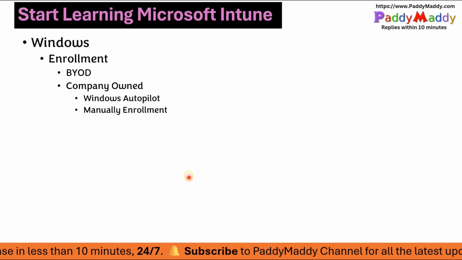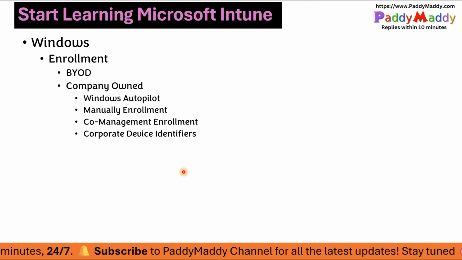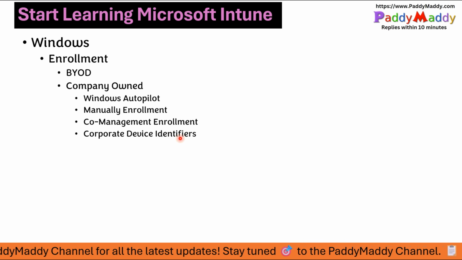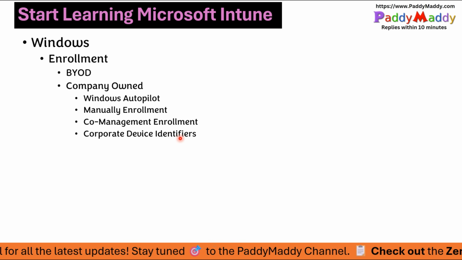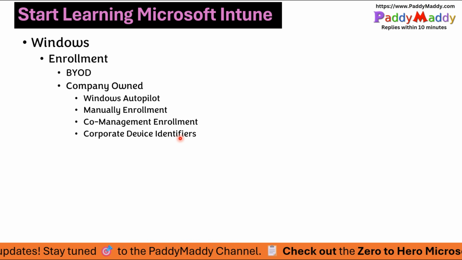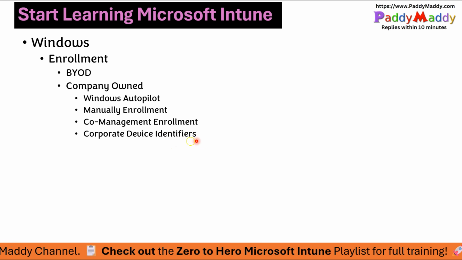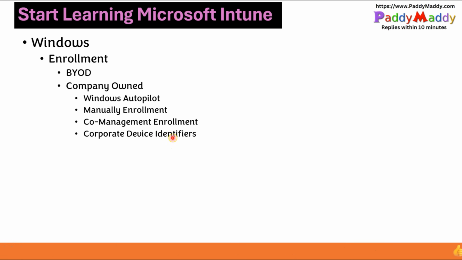Right now it's time for us to understand the corporate device identities. So how do you identify that a device is a corporate device? In this case, identity is nothing but your serial number. Let's say you have a mobile device, and you might have a serial number, right? Technically, if there's no serial number, it would be the IMEI number for your mobiles.